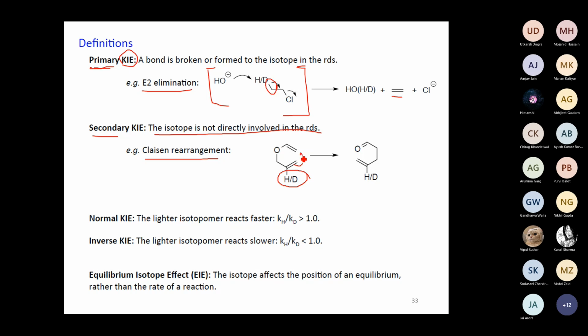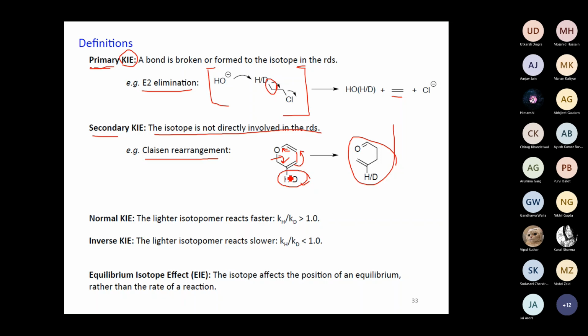Here a CC bond is being formed. This is a rearrangement, and this CO bond is being broken. Have you seen? So this bond is being broken and this bond is forming, and this is giving this product. So you are replacing one of the hydrogens here with deuterium. So here the CH or CD bond is not broken in the rate determining step.